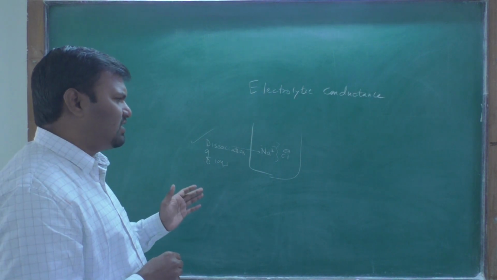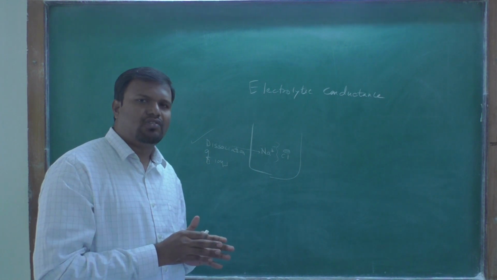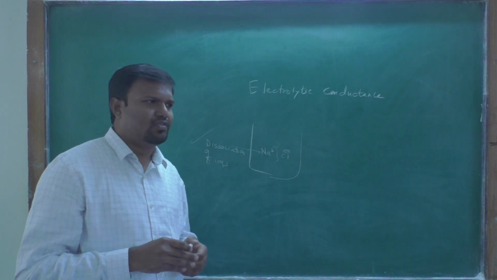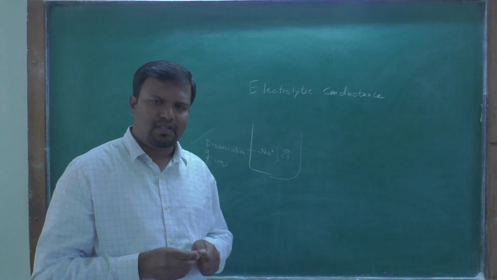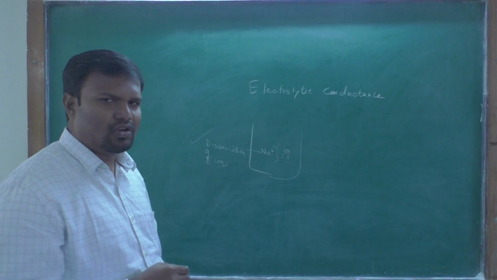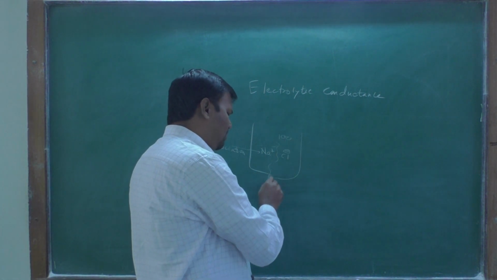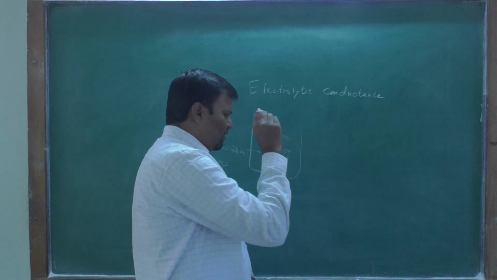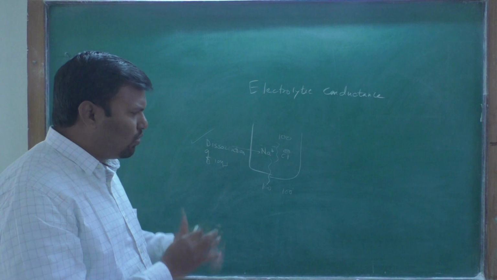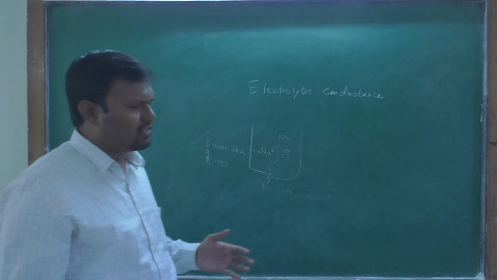Suppose NaCl is a strong electrolyte. In a strong electrolyte, when it dissolves in aqueous solution, it dissociates almost completely. If you dissolve 100 NaCl molecules in water, you will obtain almost 100 Na plus ions and 100 Cl minus ions. Almost total dissociation takes place.